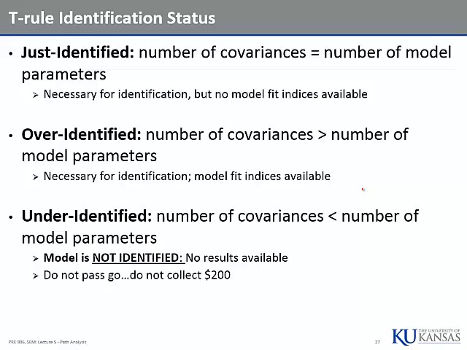Just identified means you have an equal number of parameters in your model to the saturated model. Just is equaled, right? Over is where the number of parameters in the saturated model is bigger than the number of parameters in your model, right? That means you have more unknowns than you have equations.